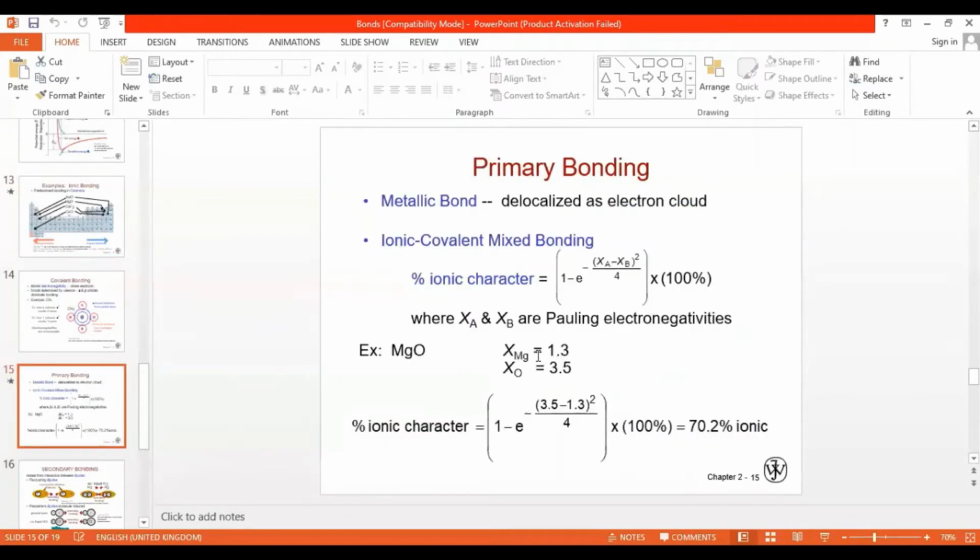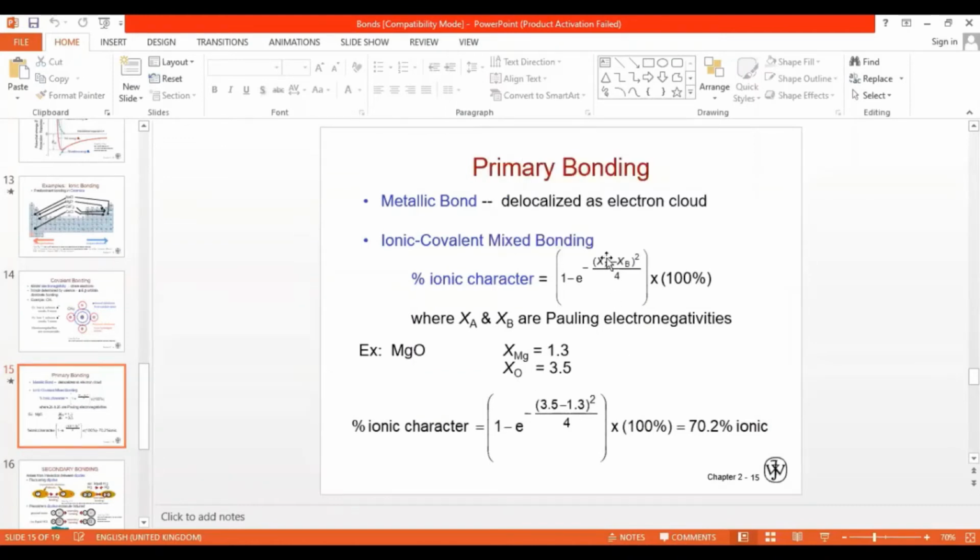So I am just doing an example, taking MgO. This is the formula: percentage ionic character equals 1 minus e to the power minus (xA minus xB) whole squared upon 4, into 100. To find the percentage we multiply by 100, where xA and xB are Pauling's electronegativities, xMg and xO. In the electronegativity table, magnesium has the value of 1.3, and oxygen has the value of 3.5.